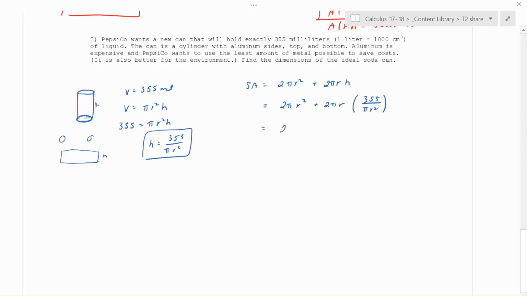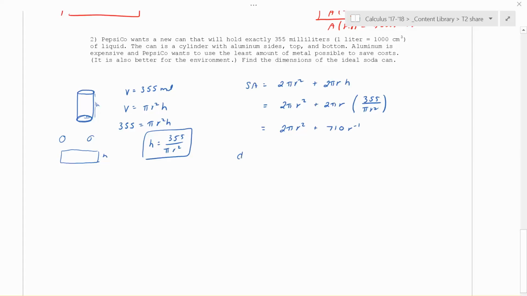Multiplying that, I've got 2 pi r squared plus 2 times 355, which is 710. The pi's cancel, and one of the r's cancels, leaving an r in the bottom, but I'm going to bring that up with an exponent of -1 so that I can take the derivative.